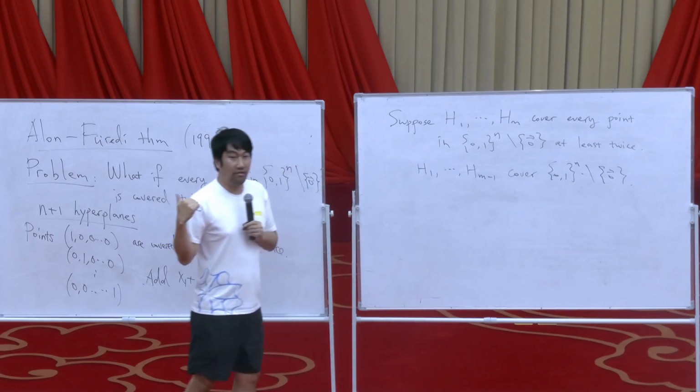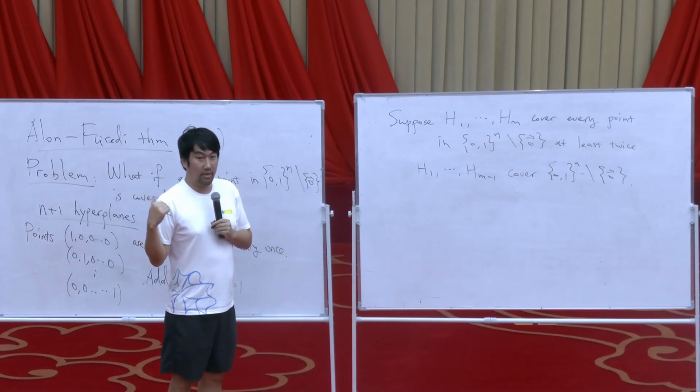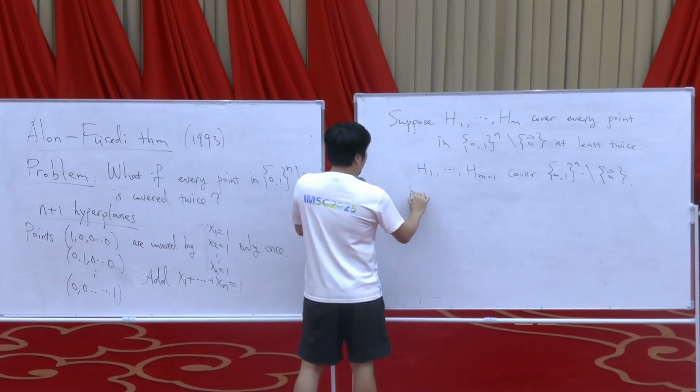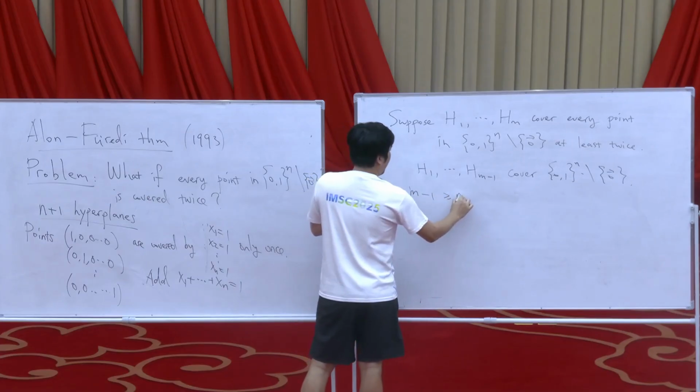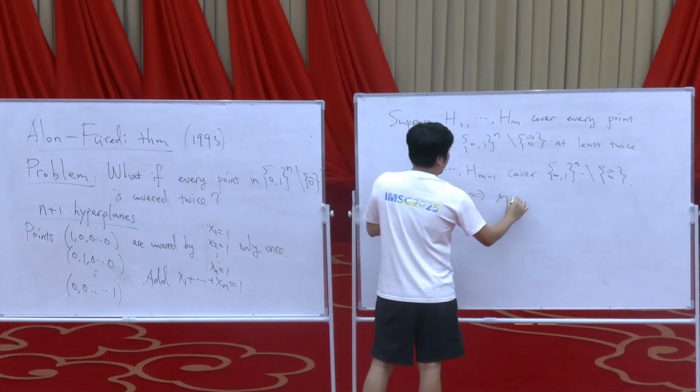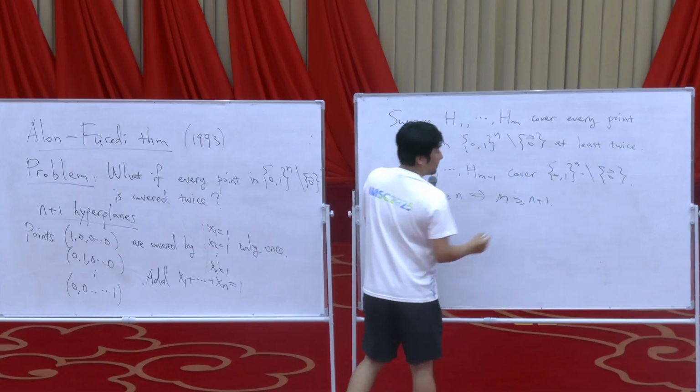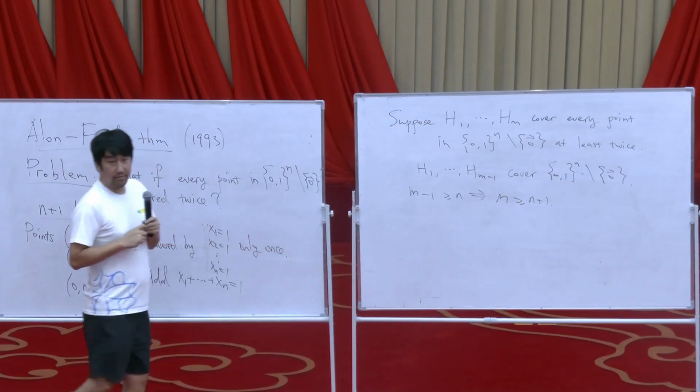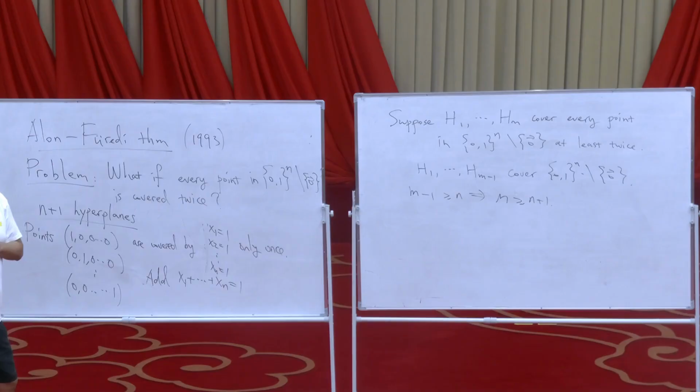Okay, so you can reduce it to the first problem. Right. In that way, you know that m minus 1 is at least n, therefore m is at least n plus 1. Okay? So we have a construction that uses exactly n plus 1 hyperplanes, and we have a proof that you need at least n plus 1 hyperplanes.